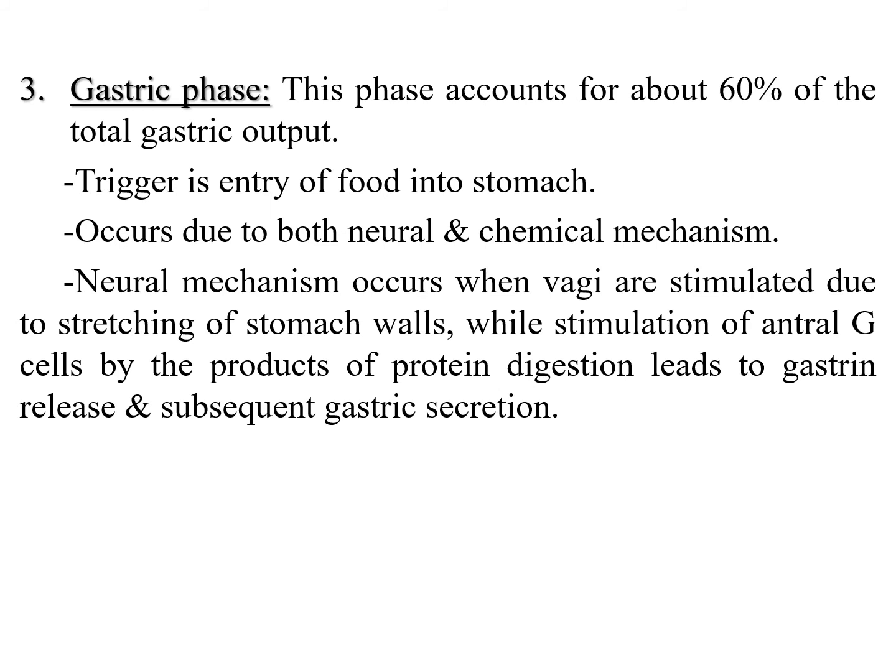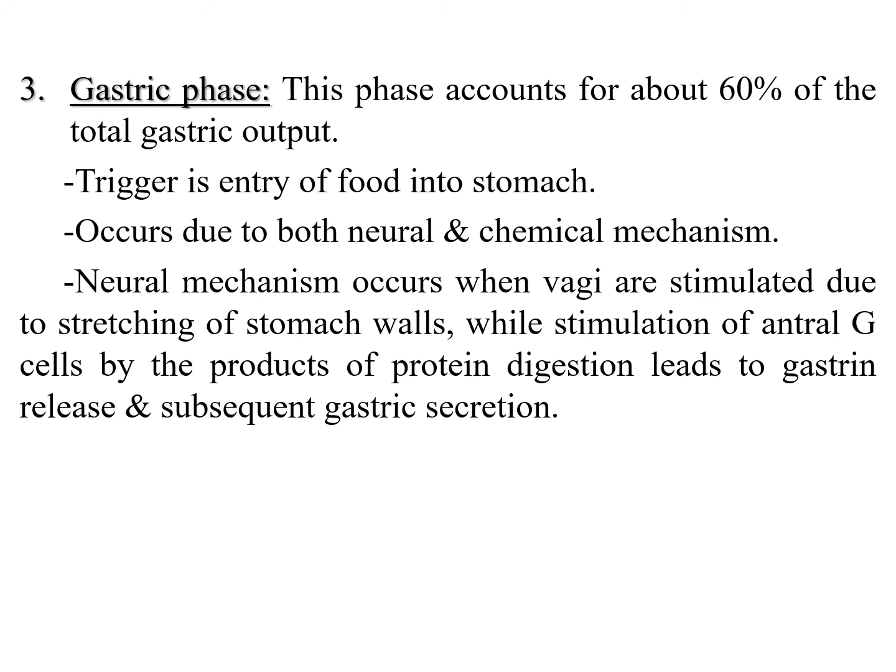This gastrin again goes through the bloodstream and reaches the parietal cells. There are specific gastrin receptors, the CCKB receptors, through which gastrin acts, and they cause an increase in the acid peptic secretions.